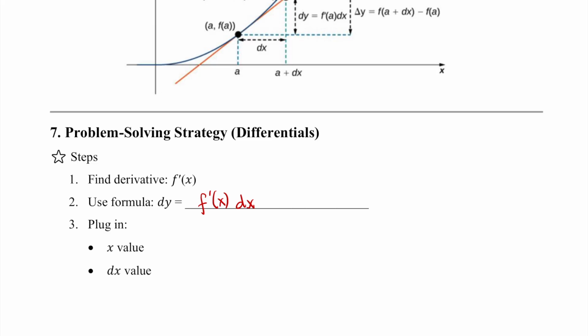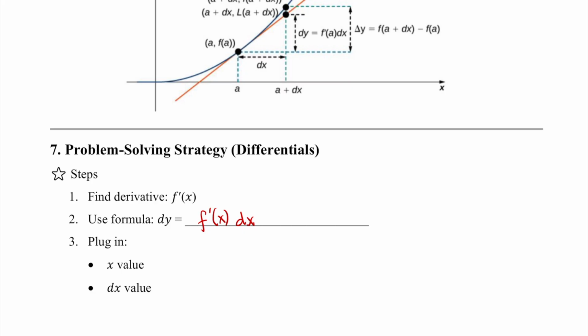And that gives you the approximate change. So to summarize, dx is a small change in x. dy, the differential, is the approximate change in y. And we use dy equals f prime of x dx to estimate how much the function changes.